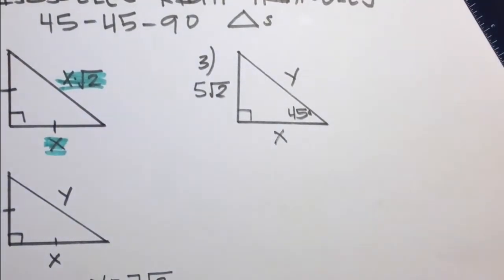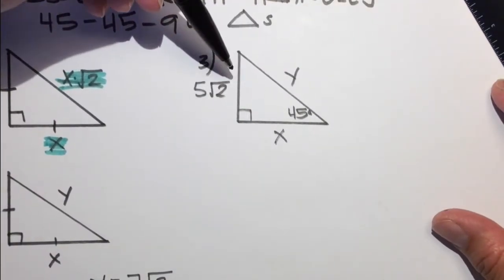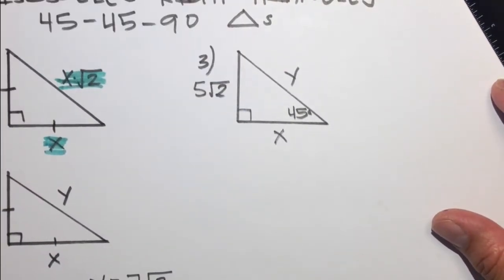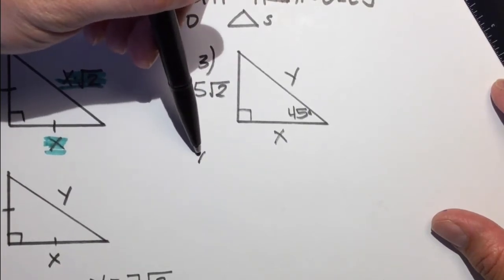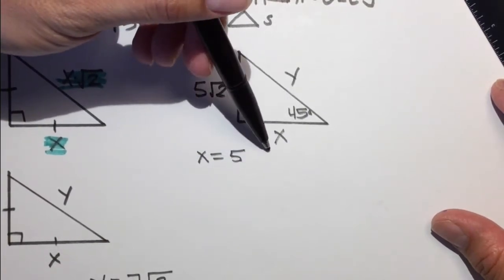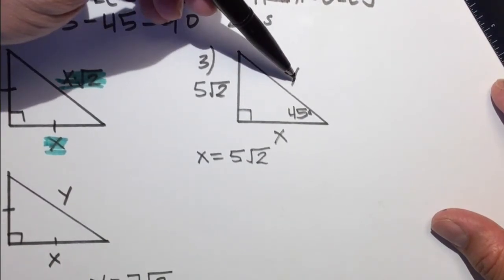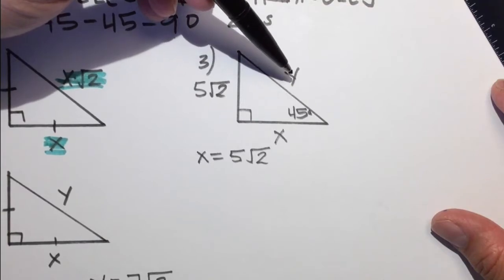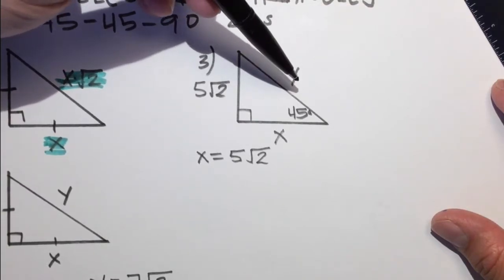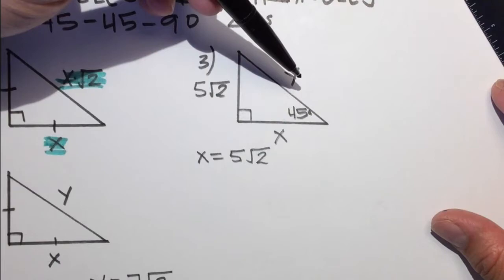Okay, unpause. So we know that these two sides are congruent because it's isosceles. So x is equal to 5 radical 2. Now, here's the tricky part. Y. What side is y? It's the hypotenuse. What is the hypotenuse multiplied by? Radical 2.